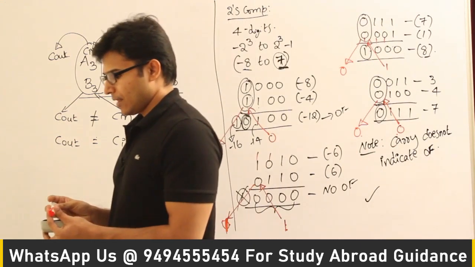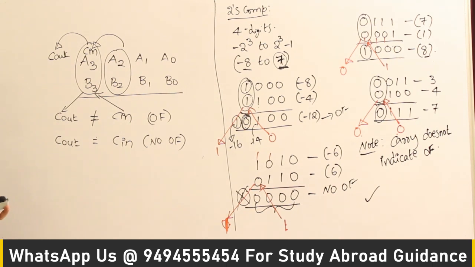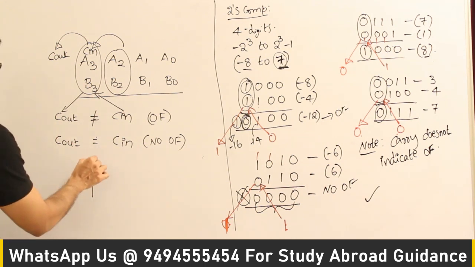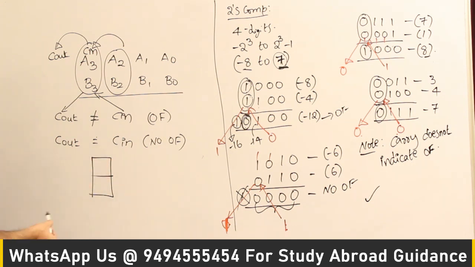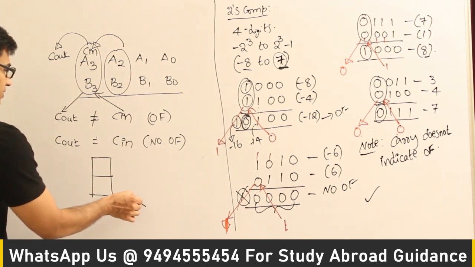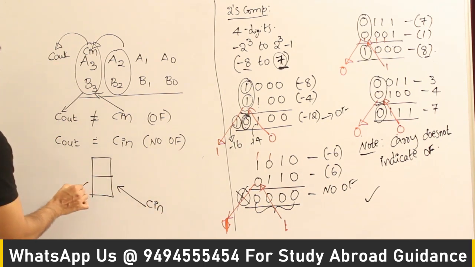Now let's see why this method should work at all. Now let's see how overflow is possible. Let us assume that these are the two bits of the MSB, and let us say there is some carry coming in and there is some carry coming out.